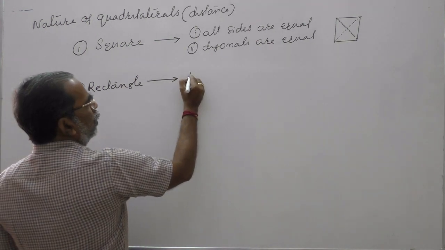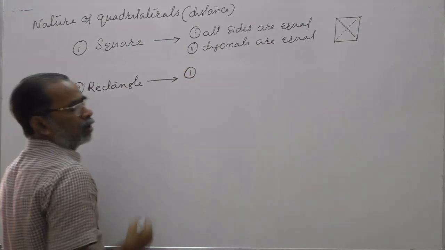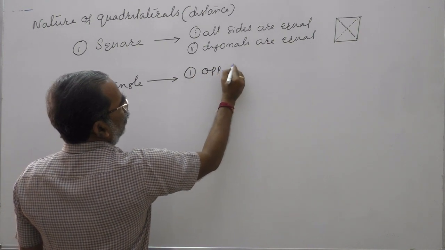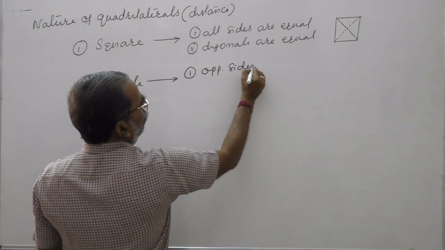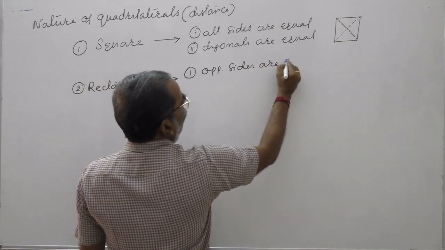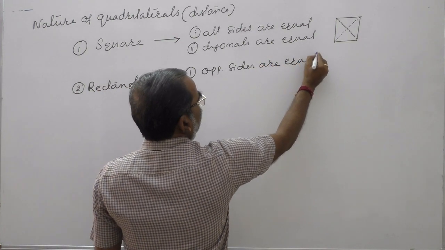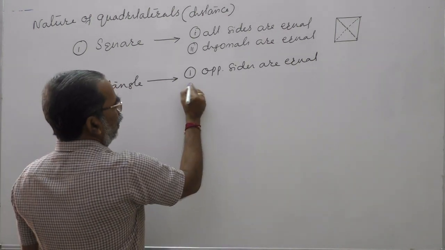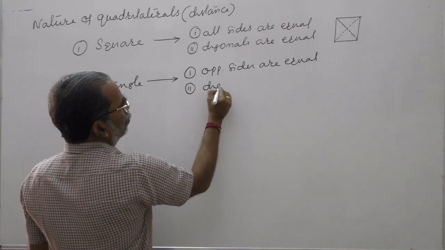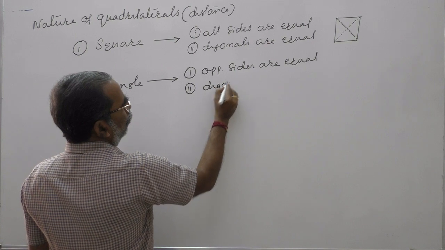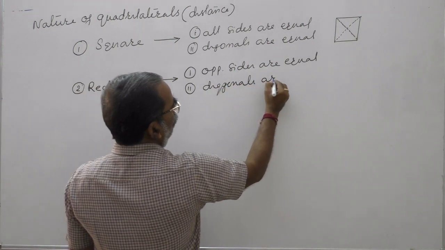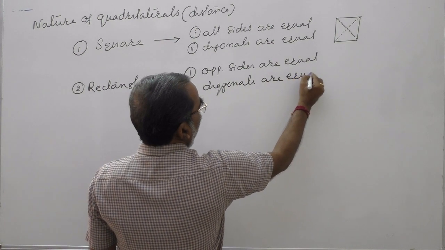It is a square. Next, second one, rectangle. So properties of a rectangle through distance properties. Only opposite sides are equal and diagonals are also equal.